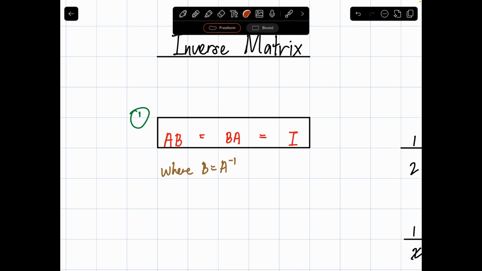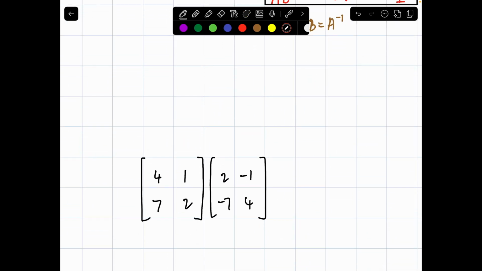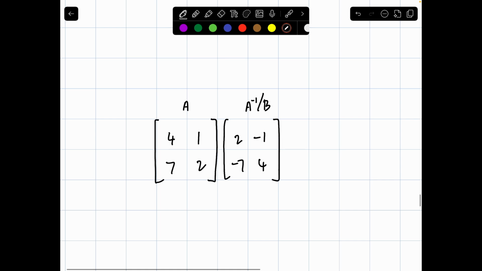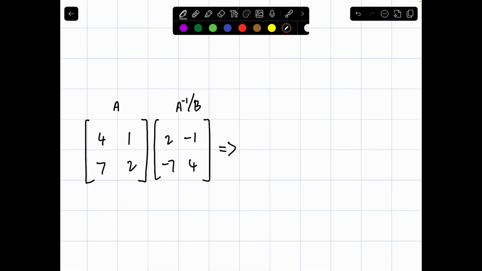To give you an example, let's say this is matrix A and this is its inverse, A -1, or for the case of this equation, let's say it's also B. That doesn't matter. And if we multiply both of these, what do we get?